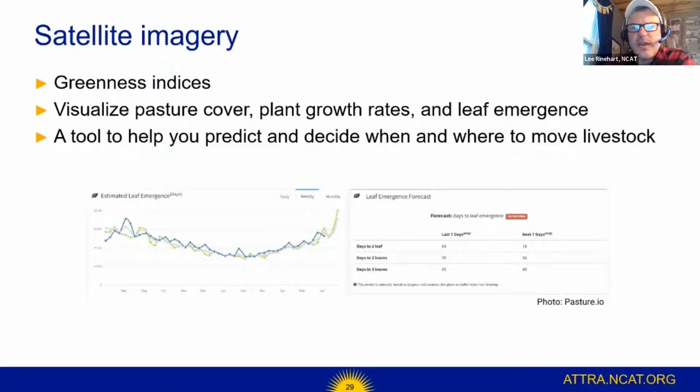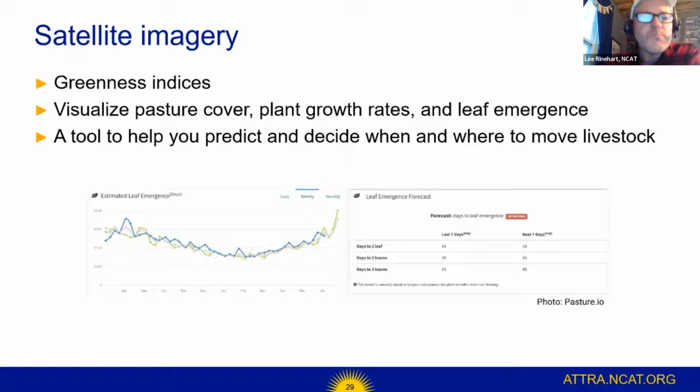So what you're seeing here is it'll measure pasture cover, and it'll represent it from red to green to blue. So red being less cover, green being optimal, and blue being a lot of cover, right? So this is how it does it. It does it by using these color indices. It uses enhanced NDVI and compares the green and the red and the blue light, and assesses crop health.